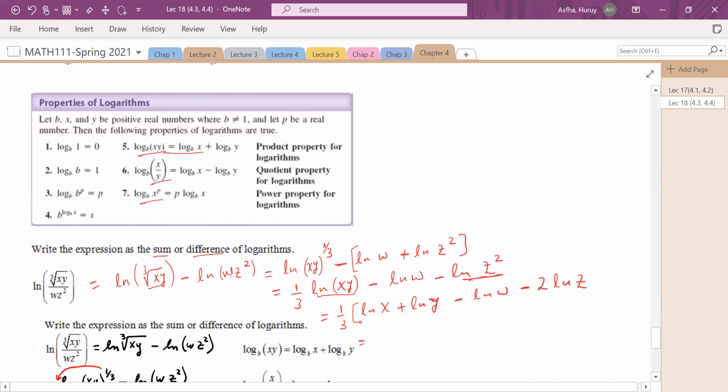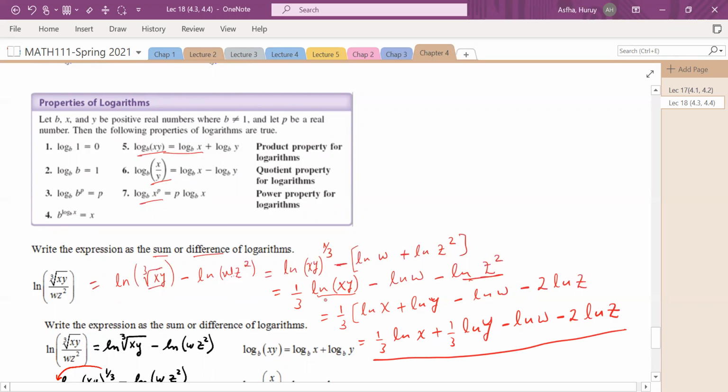And now I will distribute this one: 1/3 ln x plus 1/3 ln y minus ln w minus 2 ln z. Okay, so as you can see, we arrived at the simplest form of the logarithmic expression, and we wrote this expression as a sum or difference of logarithms.